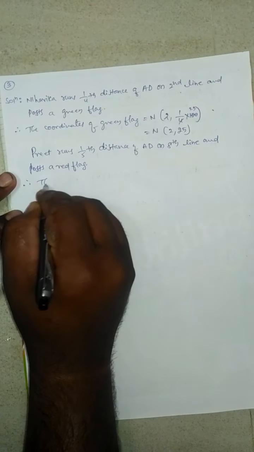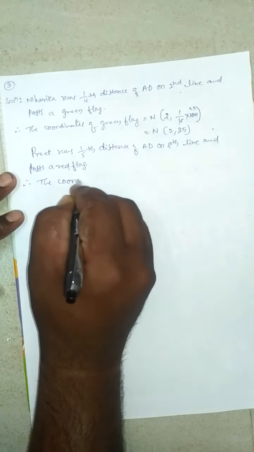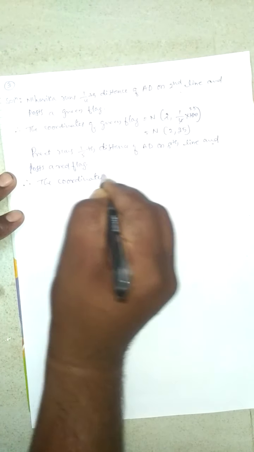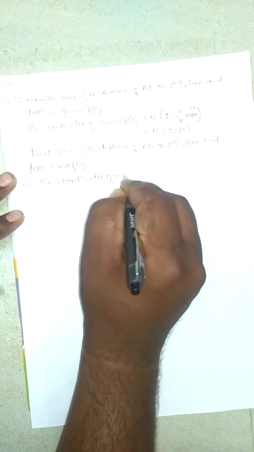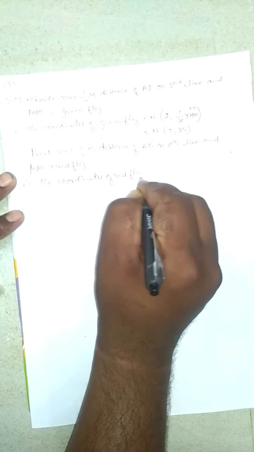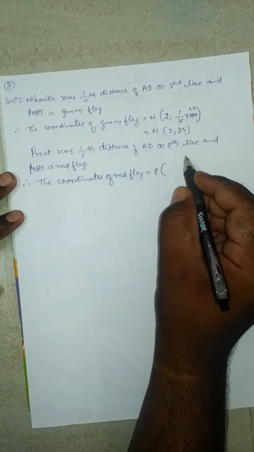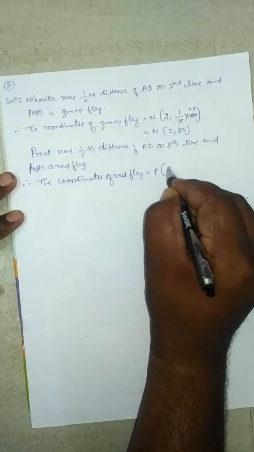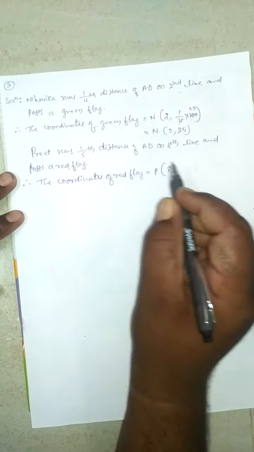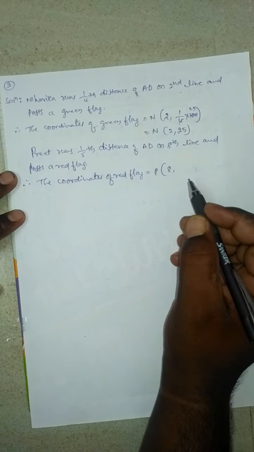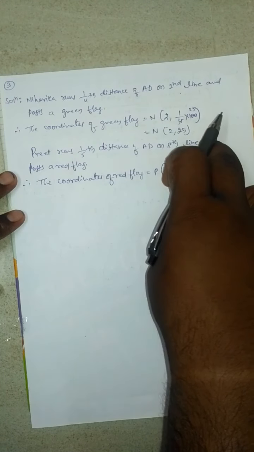Therefore, the coordinates of red flag, that is equal to P of, here 8th line means x coordinate is 8. Here how to find out y coordinate means he covered 1/5 distance of AD.